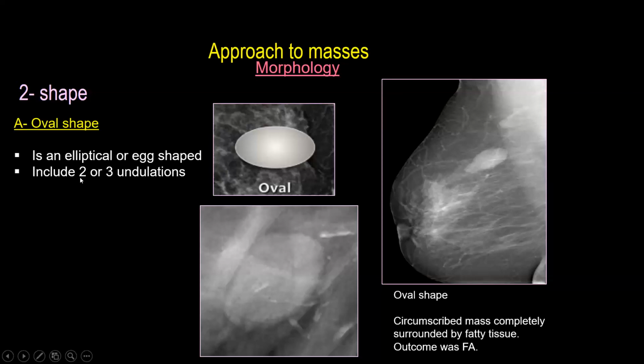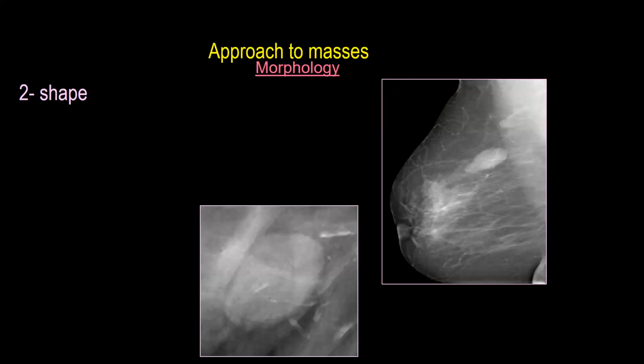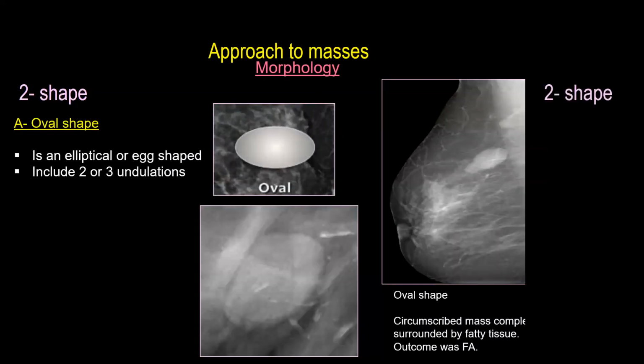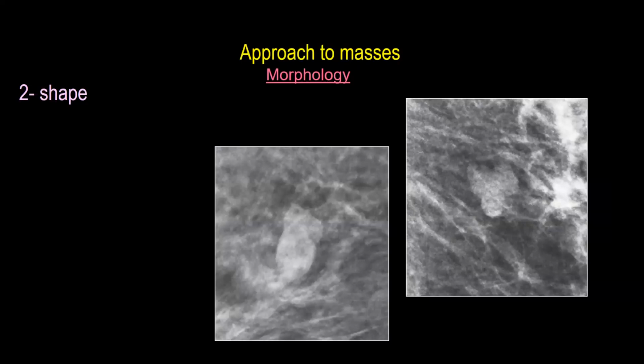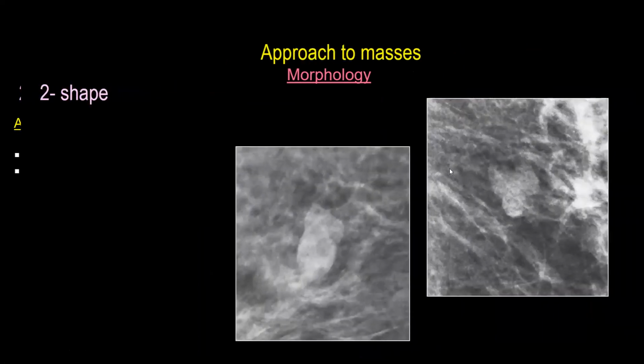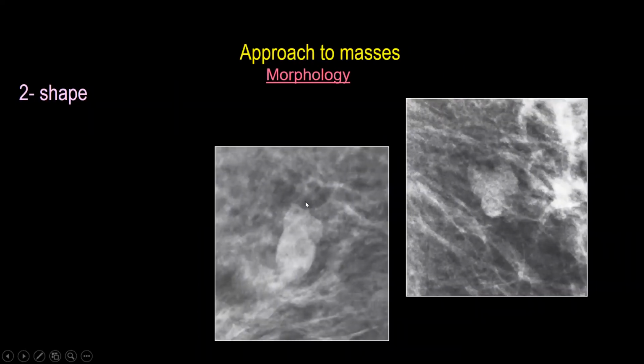Here they consider a few lobulations in the shape of oval, like this one. In these examples we have just one undulation, but here we have 3 undulations. Okay, 2 to 3 undulations, they still consider it as oval shape.